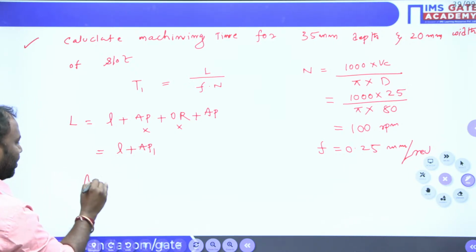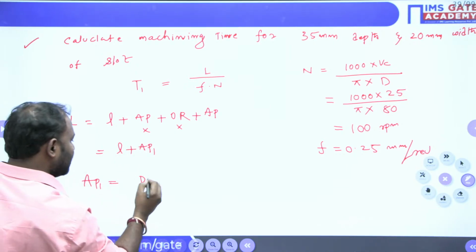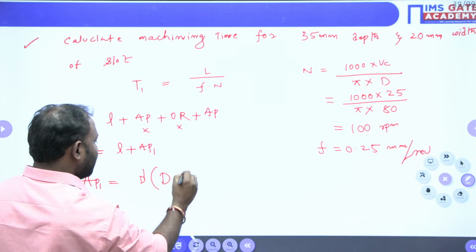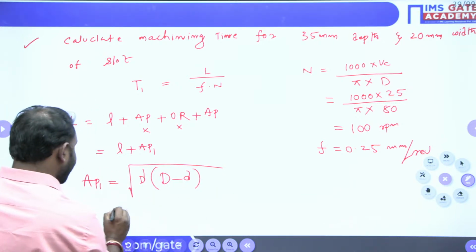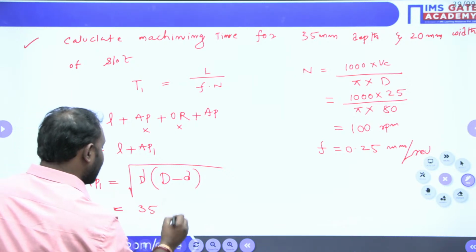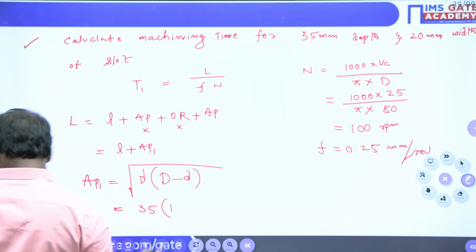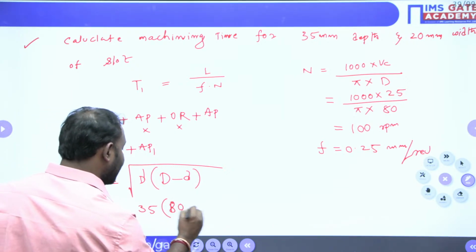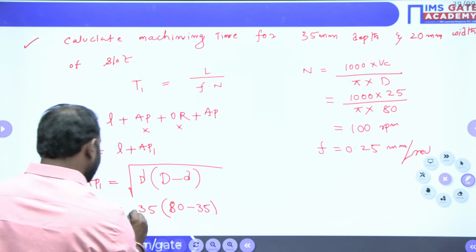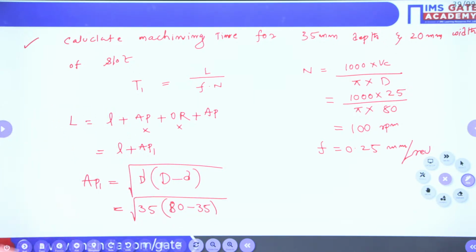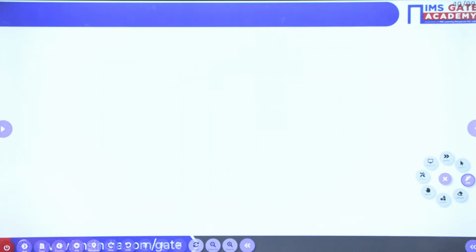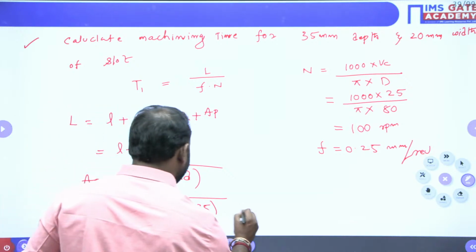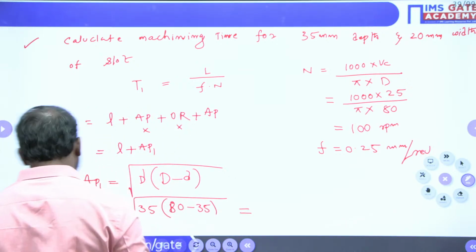Now my AP1 is equal to the square root of small d into (D minus d). Now from here it is 35 into (diameter of the workpiece cutter 80 minus 35). The depth of cut is 35; that is what I have considered. If I solve that, I am going to get 39.68.